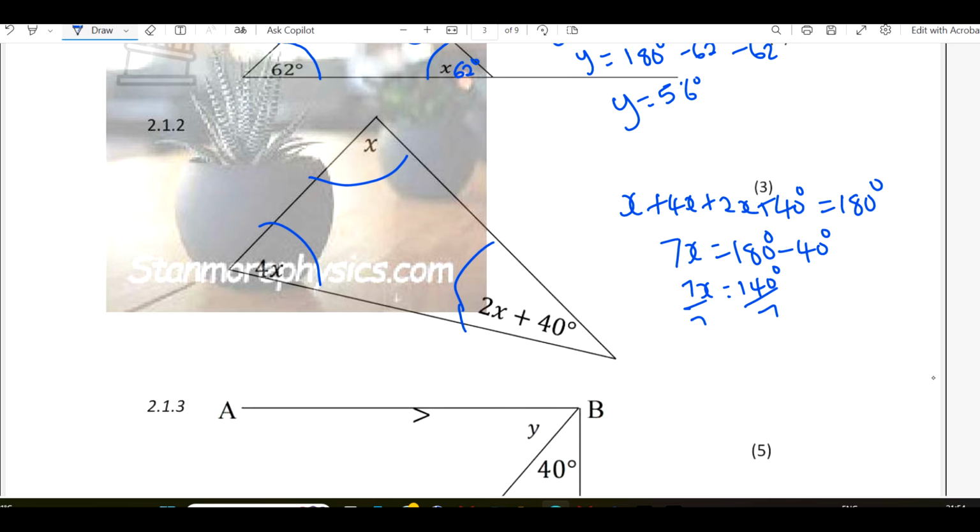And the answer, x, is going to be 20 degrees. Don't forget to write the reason, guys: the sum of angles on a triangle.